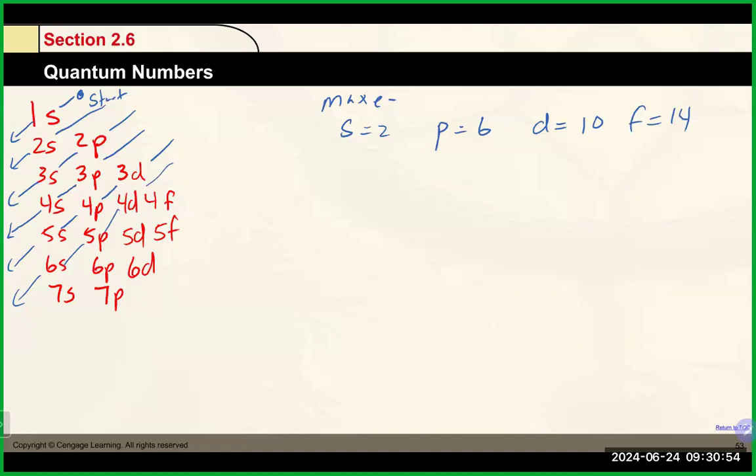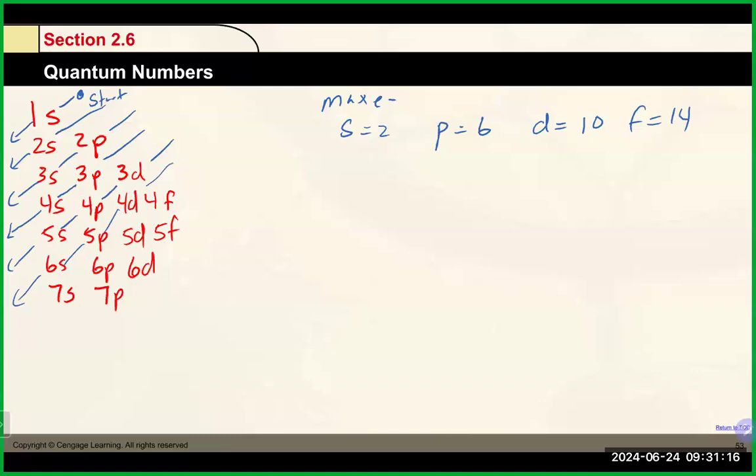Even if you can't remember where to stop with the numbers and you go too far, you'll still probably be okay, because you'll never get down there in most cases. If you put an extra 7d, which doesn't exist, or a 6f, which doesn't exist, you'll be okay in most cases for most of the things you write electron configurations for.